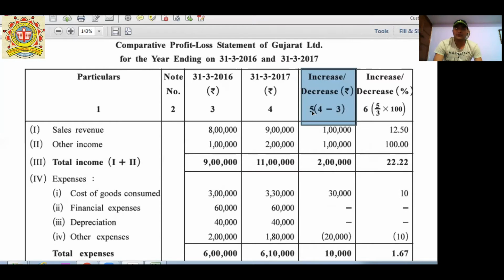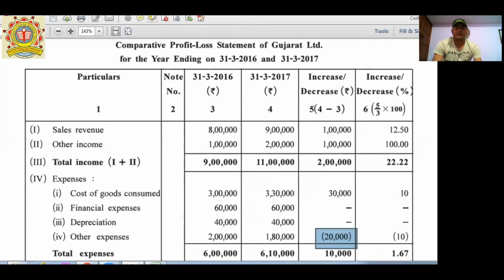The value of column 5 arises by deducting the value of column 3 from column 4, that is, column 4 minus column 3. 9 lakh minus 8 lakh is 1 lakh. 2 lakh minus 1 lakh is 1 lakh. 11 lakh minus 9 lakh is 2 lakh. 3 lakh 30,000 less 3 lakh 30,000 is 0. 60 less 60 is 0. 40 less 40 is 0. 180 minus 2 lakh is minus 20,000, because here the value is small and in column 3 it is higher than column 4, so the answer is negative.